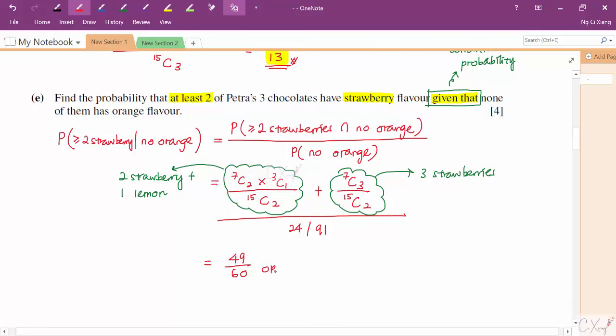Or you can change it to 3 significant figures, which is 0.817. Okay, so this is the discussion for this February March 2022 paper 5.2. Thank you for watching this video.